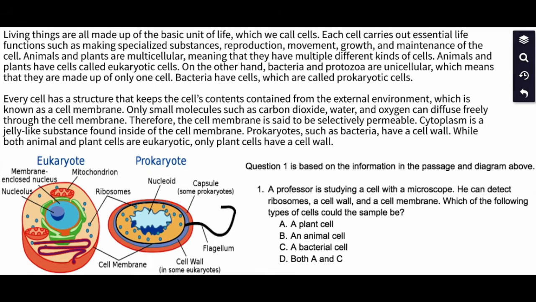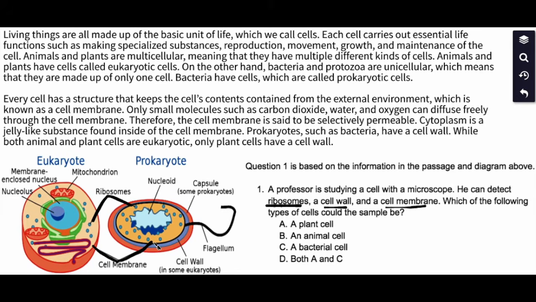All right, let's talk about this question here. So basically, the professor looks under a microscope and sees that the cell has ribosomes, a cell wall, and a cell membrane. And if we look over here at our diagram, it tells us that both eukaryotes and prokaryotes have ribosomes. It also tells us that both eukaryotes and prokaryotes are going to have a cell membrane.